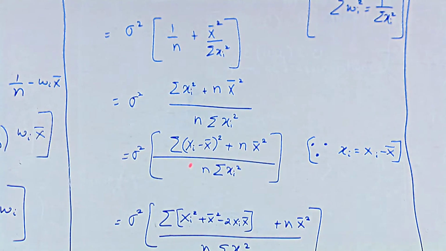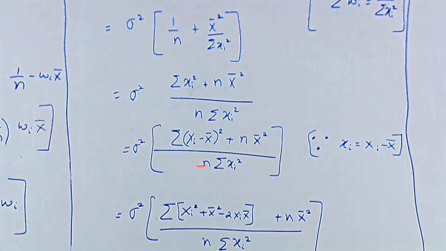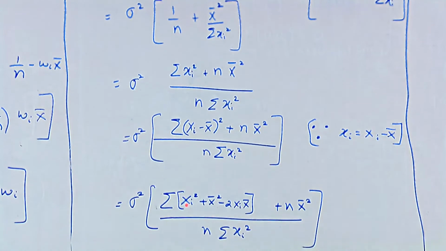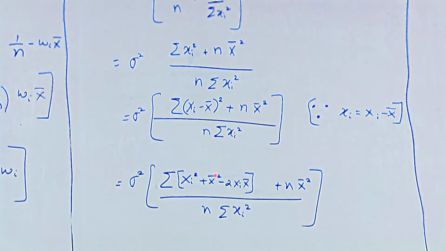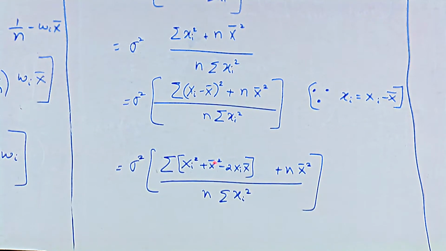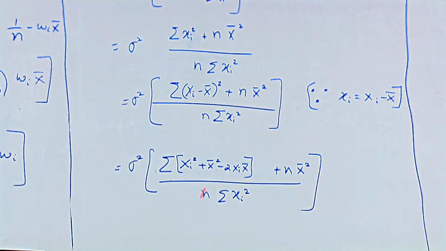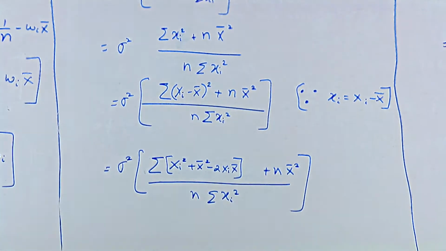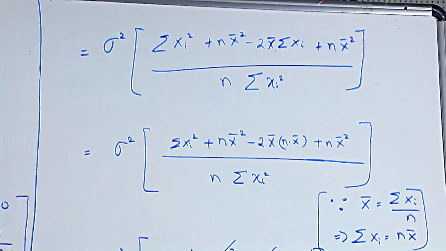So now this is like a minus b the whole square, so we can expand this term, that is xi square plus x bar square minus 2 xi x bar. So the whole expression can further be reduced. Now we may take the sigma inside.